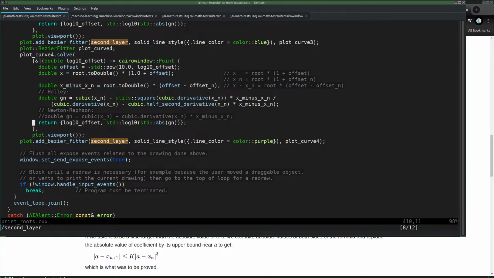Yeah, the Bezier filter is just not suited for that random thing.